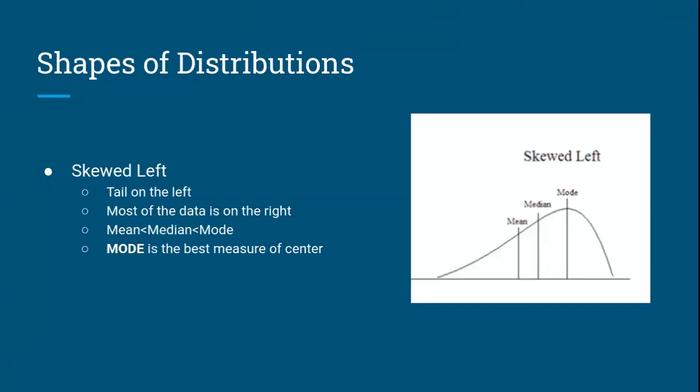And here too, the mode, because the mode is what appears most often, is still the best measure of center. So regardless of the skew, yes, Maya, to answer your question, skewed left or right, the mode is still the best measure of the center of the data.